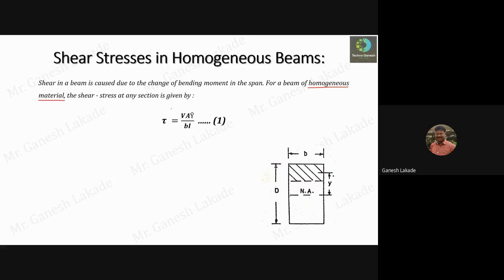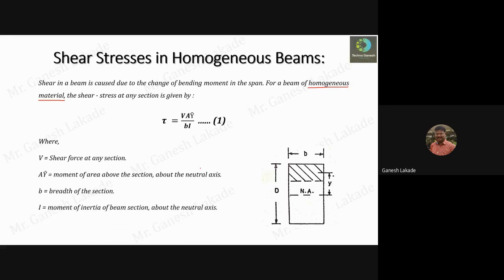So you can calculate the shear stress at any section of a beam made up of plain or single material, that is homogeneous material, by using this equation, where V is the shear force at any section, Ay is the moment of area above the section about the neutral axis, just you can see the figure here. Then b is the width or breadth of the section, and I is the moment of inertia of the section about the neutral axis.